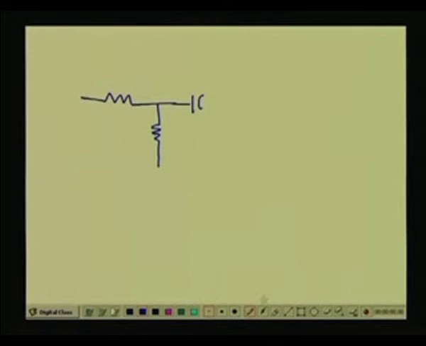Sorry, this will be again resistance. Let us go to pen. Let me take the eraser again. So, this is gun. Taking pen, this will be a capacitor.